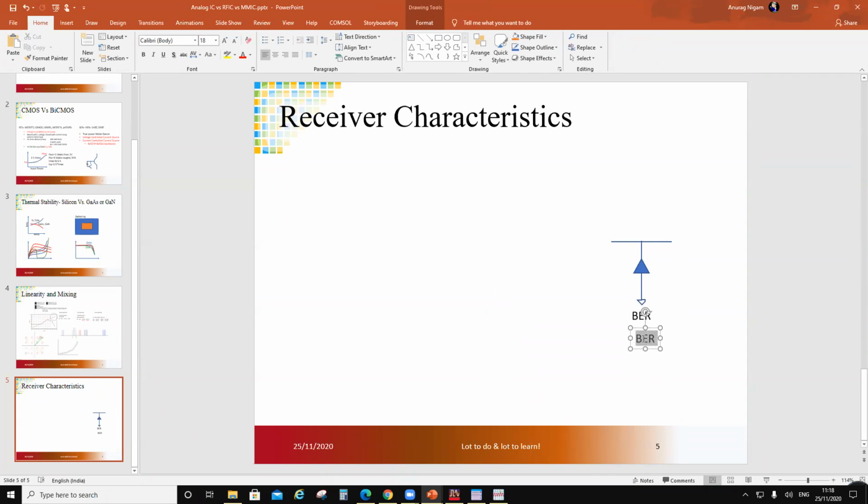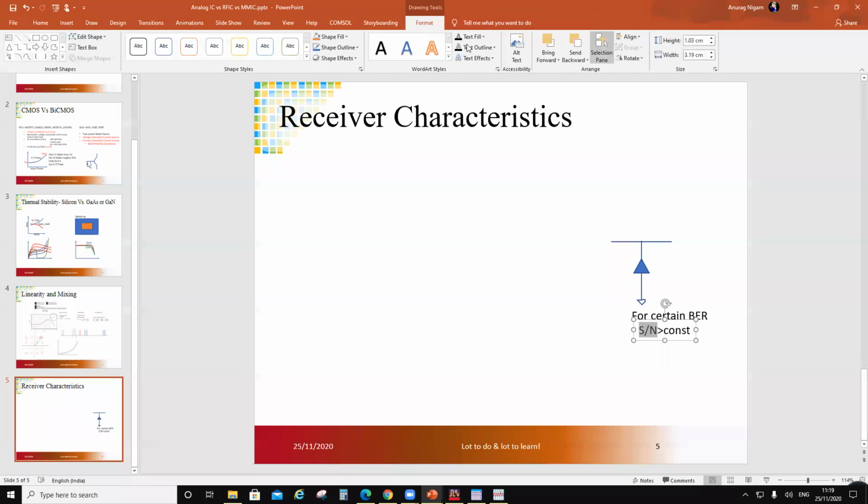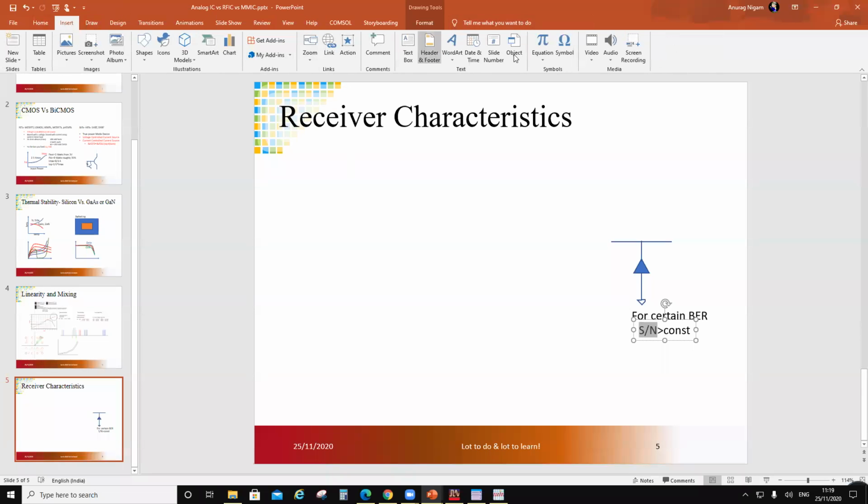So for this given bit error rate, signal to noise ratio should be greater than some number. So for a certain bit error rate, signal to noise ratio at the detector. So I would put this as bracket. So insert.